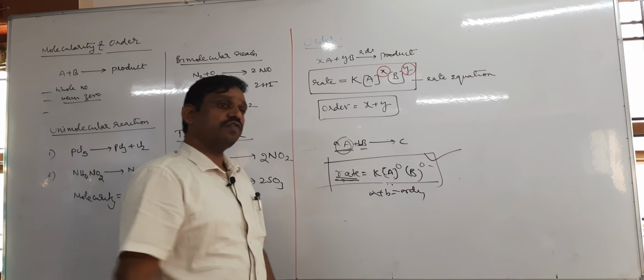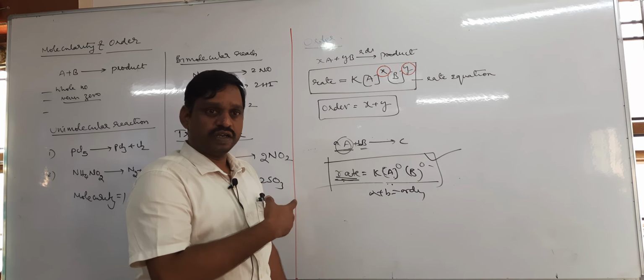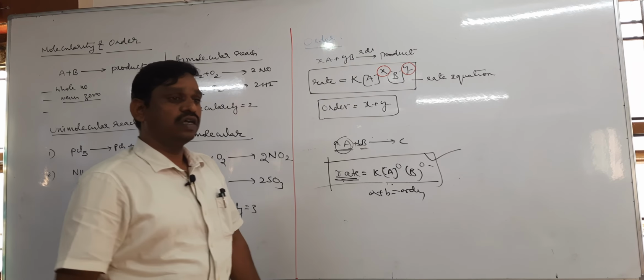Then we have types of order of reaction. So you got clarity here? Write down order. Write the first definition.